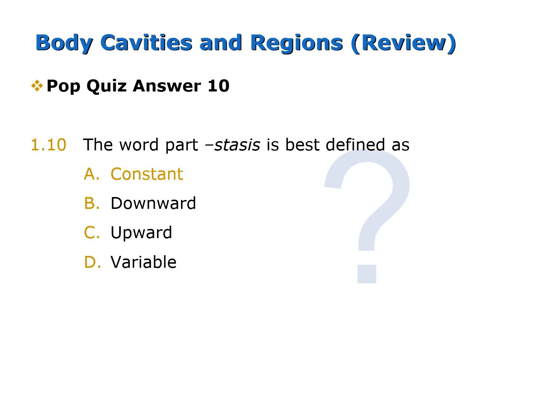The word part stasis is best defined as constant. If you remember, homeostasis is that ability of the human body to maintain all the functions as a constant, or inside a very narrow range.